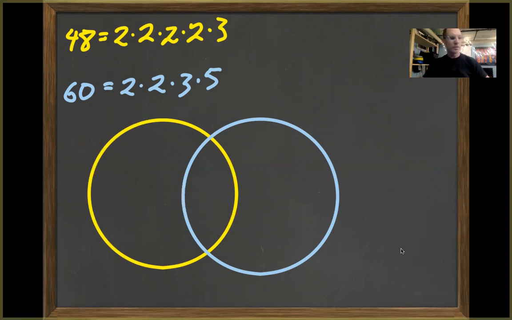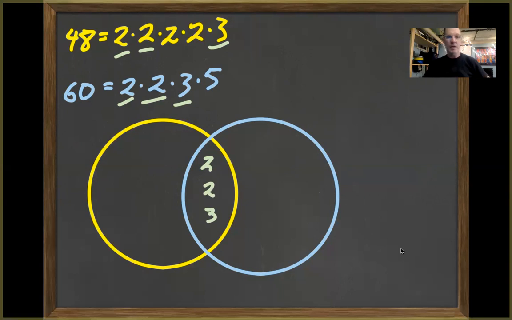What I'm going to do is compare the common prime factors in these two numbers. Notice they both have two 2's in common, and they also have a 3 in common. I'm going to put those right in the intersection there, because that's what they have in common.